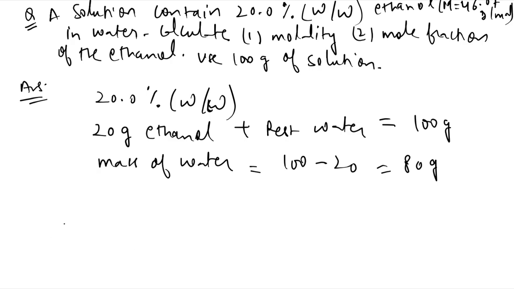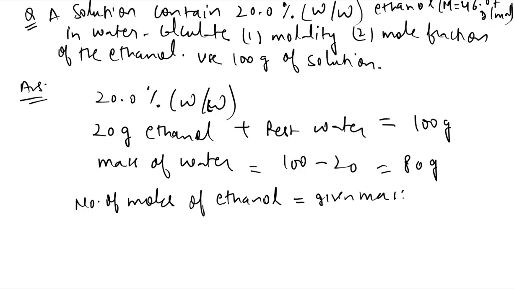First we are going to calculate the number of moles of ethanol. The number of moles of ethanol will be given mass divided by molar mass. I am rewriting the formula again and again so that you can remember it by heart.